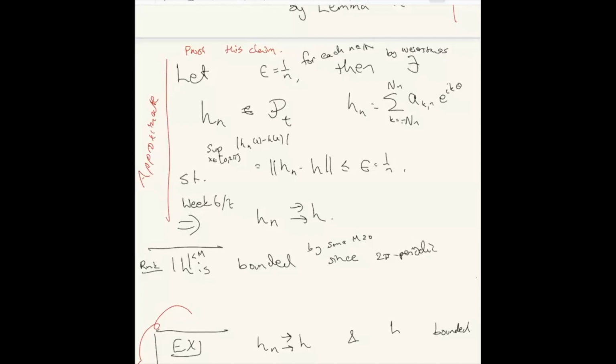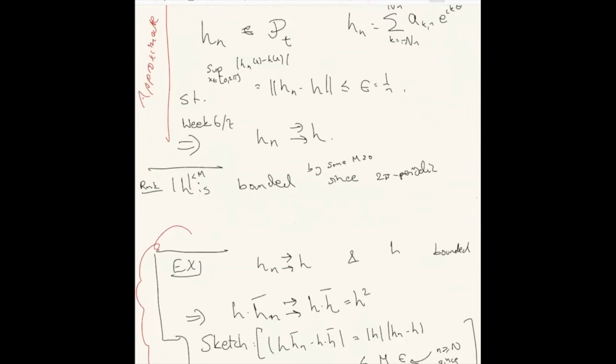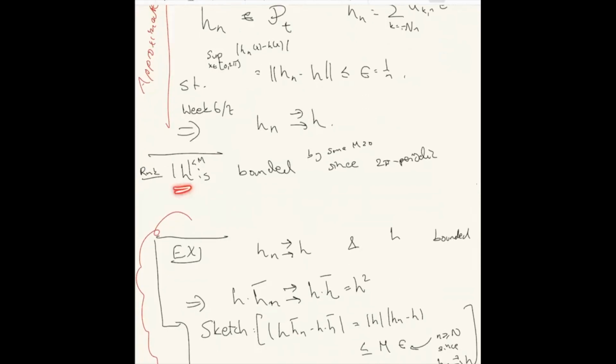So now we have a sequence of trigonometric polynomials converging uniformly to the function h. Now, a small remark is that h is bounded because we have a continuous function and it's 2-pi periodic.